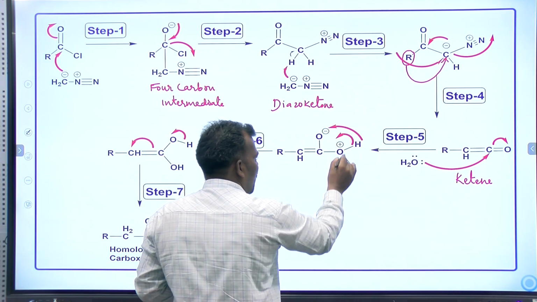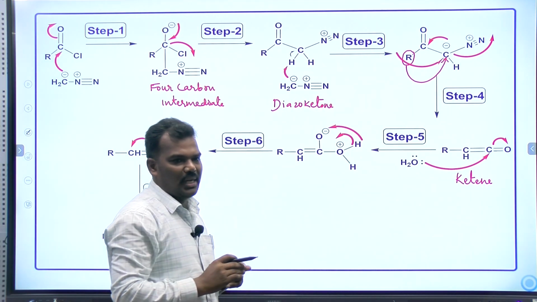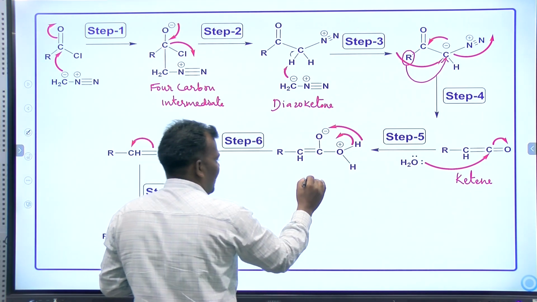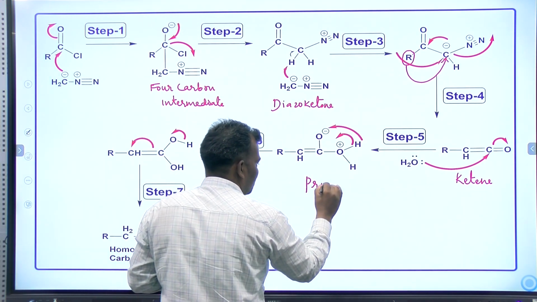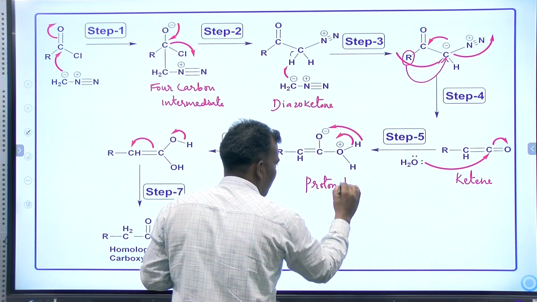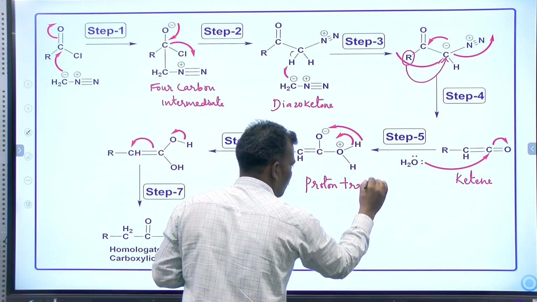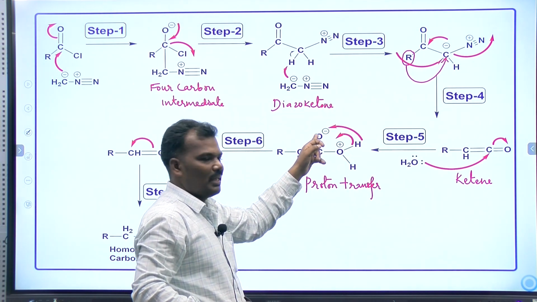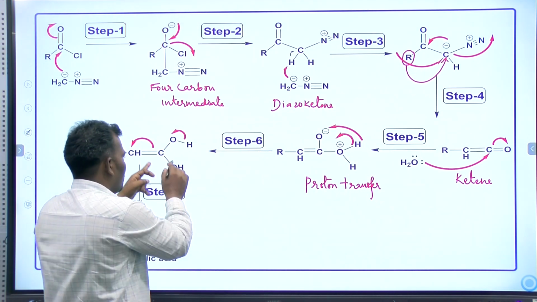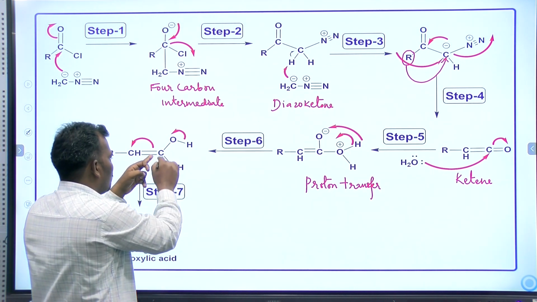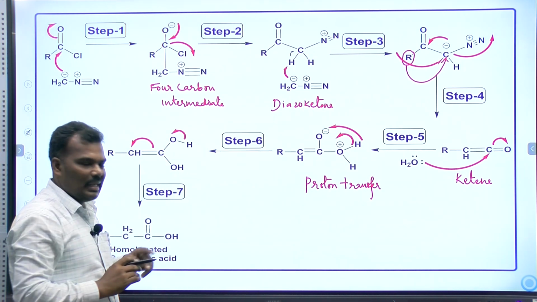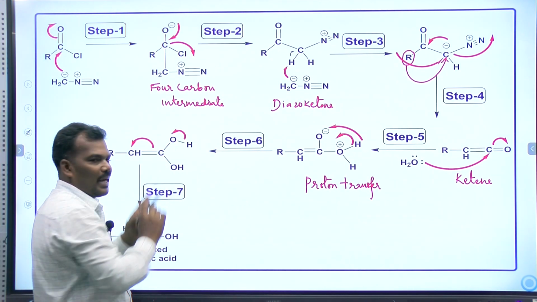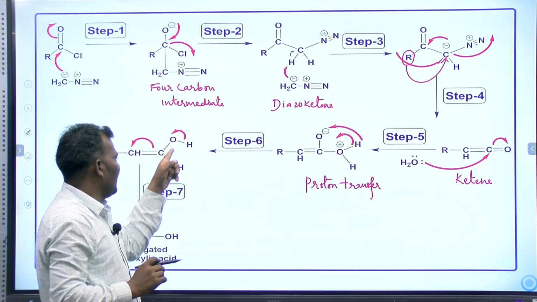That leads to the formation of this product, but this oxygen having a positive charge is highly unstable, so proton transfer takes place from one oxygen to the other oxygen. In the next step, this carbon, which is less electronegative, is attached to 2 more electronegative oxygen atoms, but this is highly unstable.